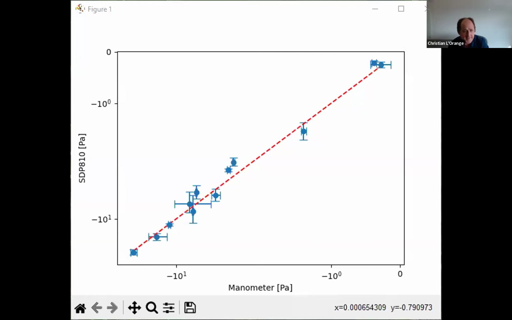Now I just need to figure out how to share my screen. So this is the latest data, and I can circulate this around. This is on a log scale, with 5-ish minute data points. SCP 810 is the thing you're using, Christian? Yep, exactly.